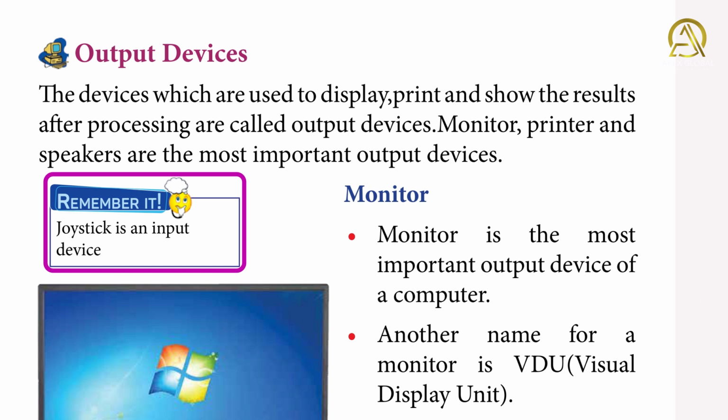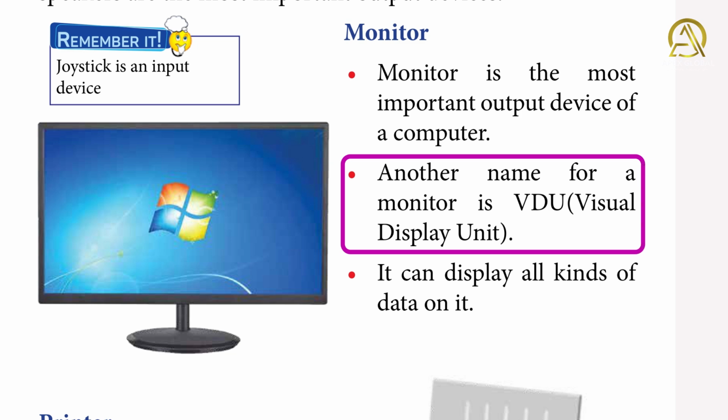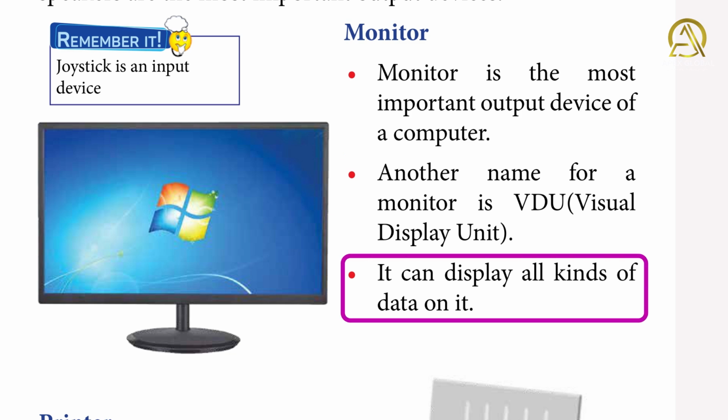Remember it. Joystick is an input device. Monitor. Monitor is the most important output device of a computer. Another name for a monitor is VDU, Visual Display Unit. It can display all kinds of data on it.